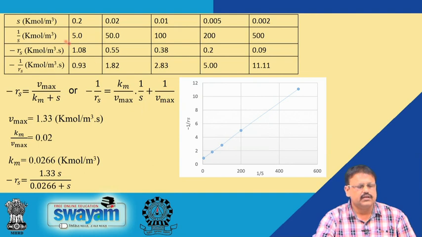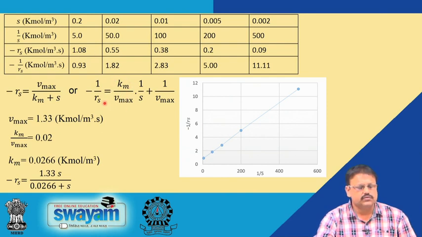Now, the data available on substrate concentration and the corresponding reaction rates are presented here. We can use this data for calculation of the parameters, that is Km and Vmax.